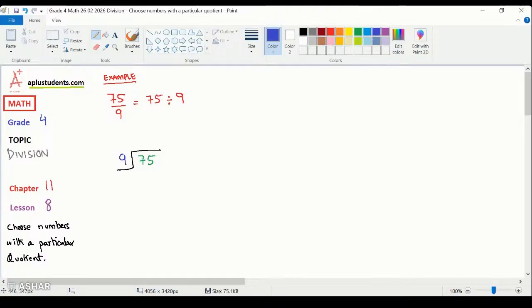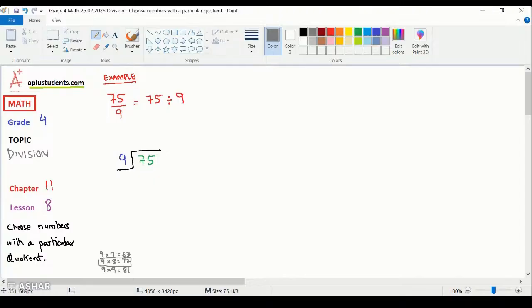Once I solve this, I'll write it down. We know that 9 times 8 is 72, 9 times 9 is 81, and 9 times 7 was 63. The number that is closest to 75 is 72, right?